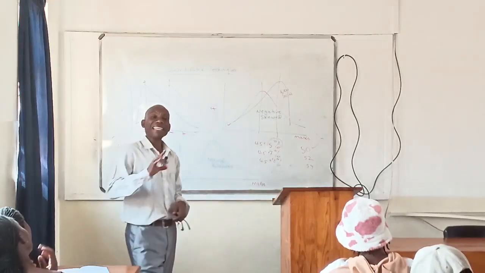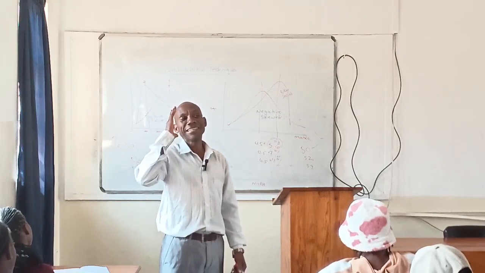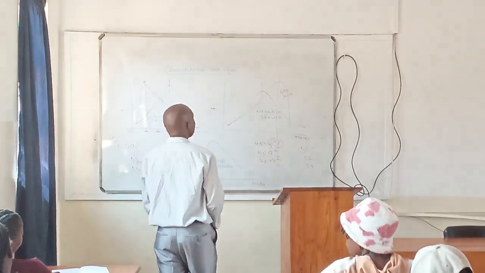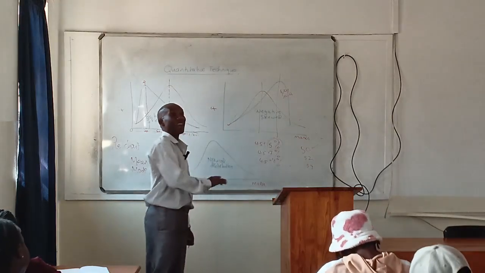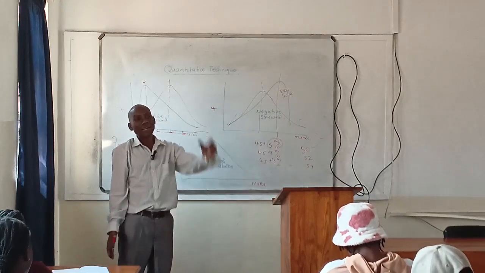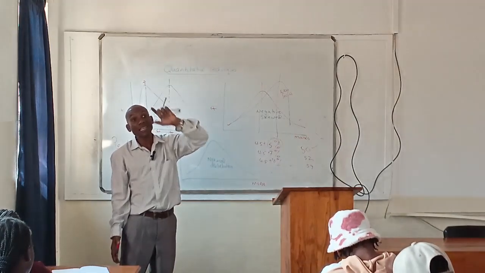Another one is the median. Median is the middle what? Number. The median is the middle number. You can count how many numbers there are and find the median. But what is the most important thing when you look at mean, mode, median?